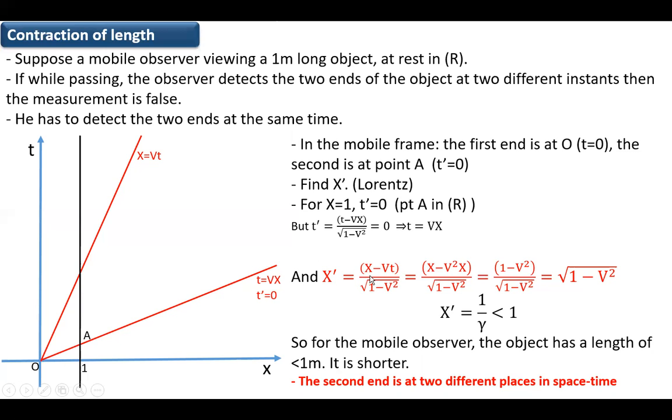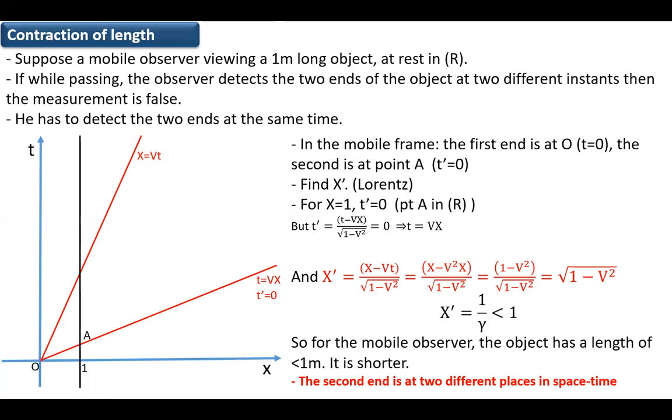X prime, according to Lorentz, is equal to (x minus vt) over radical 1 minus v squared. So if we replace t by vx for point A, we get (x minus v squared x) over radical of 1 minus v squared. And for point A, x is equal to 1. So it's (1 minus v squared) over radical of 1 minus v squared.